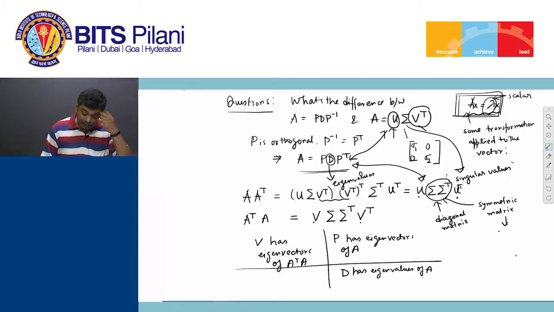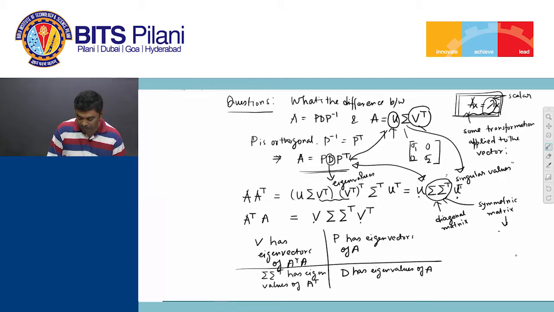And this guy, sigma sigma transpose, has eigenvalues of A transpose A. Makes sense, right? Because A transpose A is a square matrix, therefore it admits eigenvalues, right? So the diagonal holds the eigenvalues of A transpose A.